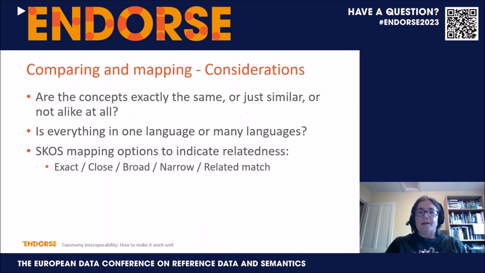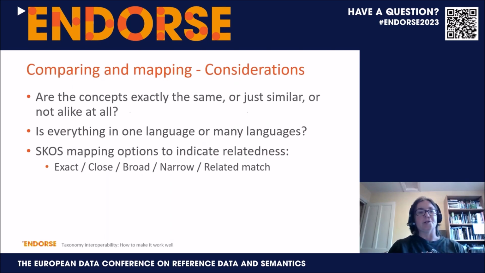I work only in English because we're British, but when I've worked on these multilingual taxonomies, I always need to draw on a fluent or native speaker to help, because something that looks okay to me could be massively incorrect. And what you don't want to do is an incorrect mapping that then produces incorrect information for your end user, and that can cause embarrassment, or it could be damaging in some way. So you really need to think about that.